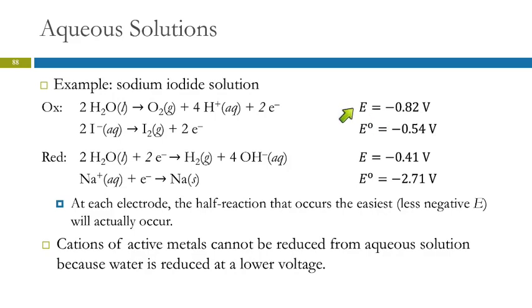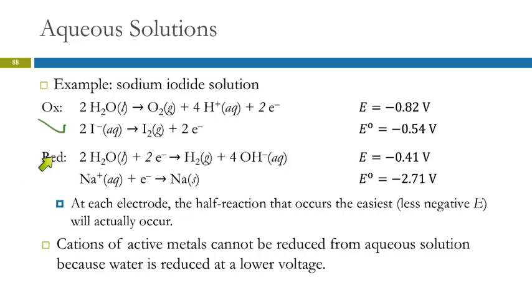This is the potential for the oxidation of water, minus 0.82. And iodide ions, the oxidation potential is minus 0.54. So which is more positive? More positive is the same as less negative. Yeah, minus 0.54. So this one is going to happen first.